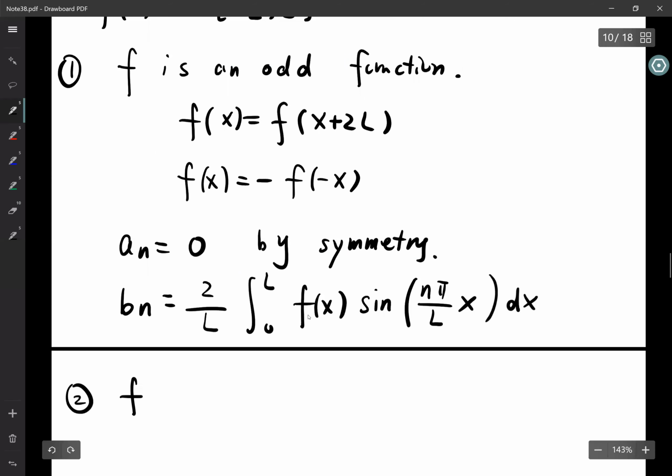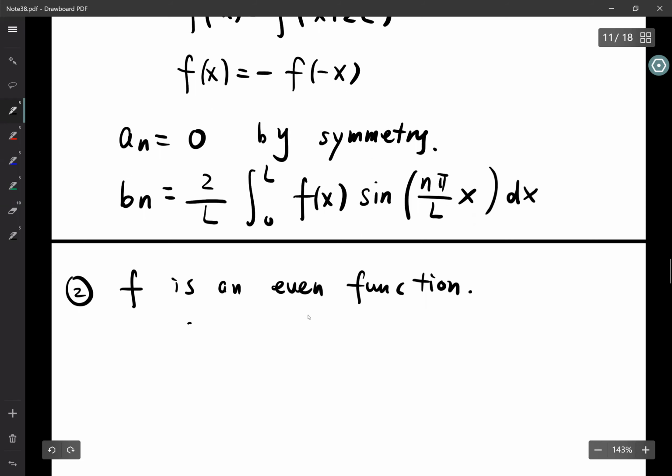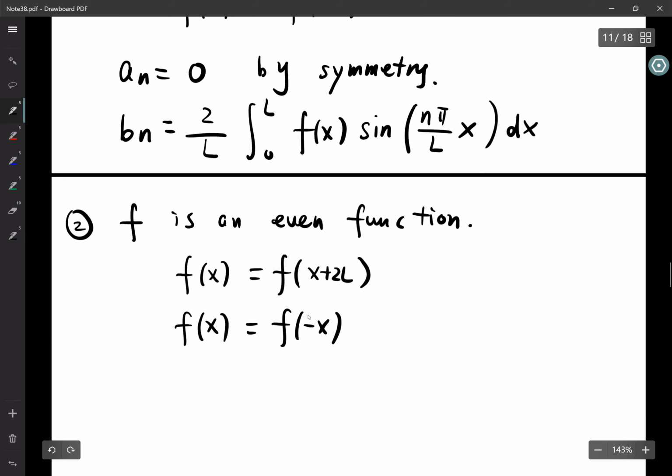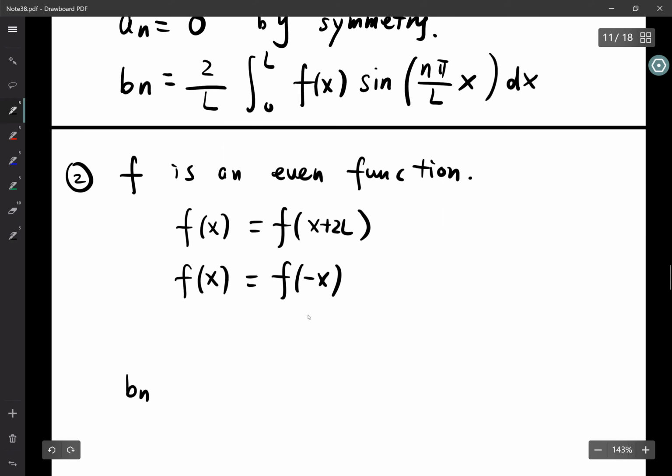Second, if f is an even function, which means again that it is 2L periodic, f(x) equals f(minus x). Then you will find that Bn is indeed equal to 0 by symmetry.